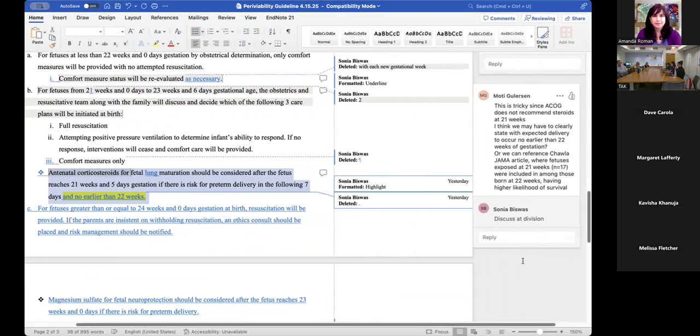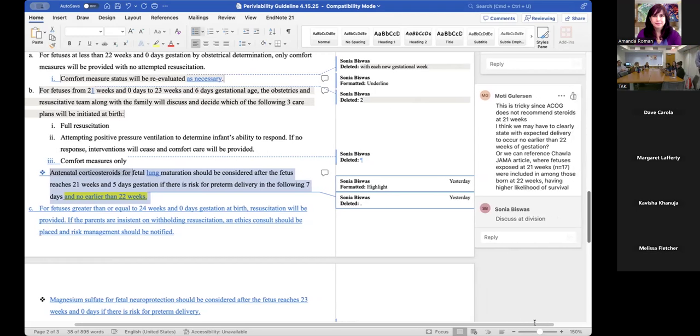I'm going to go to the JAMA article that included 17 babies that did show a higher likelihood of survival. So I think it's appropriate to keep if everybody agrees. I can pull up the article too if we wanted to look at that. I think that's fine.